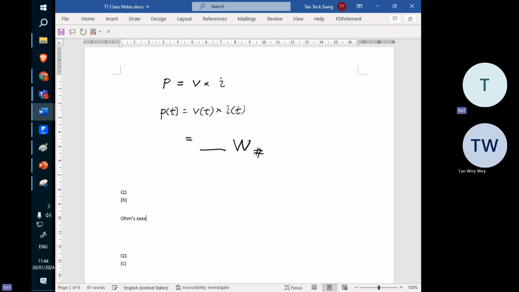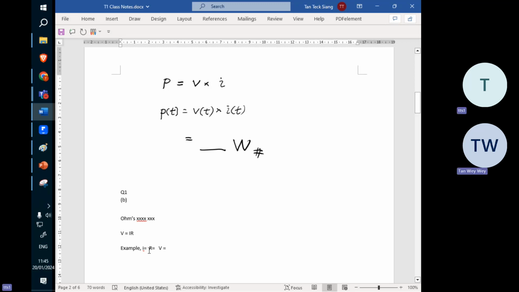Then explain it. Then you give the equation, and if you can, you give an example. For example, I equal to something, R equal to something, then you calculate.